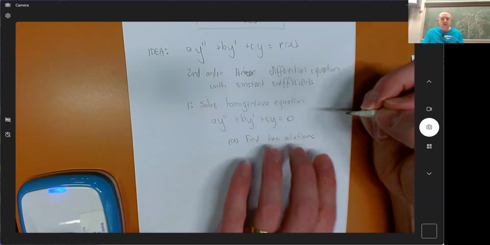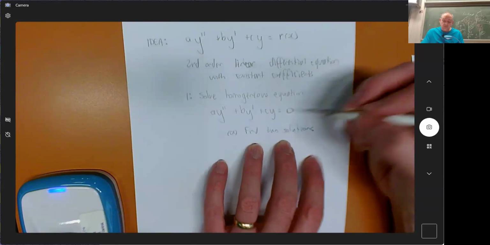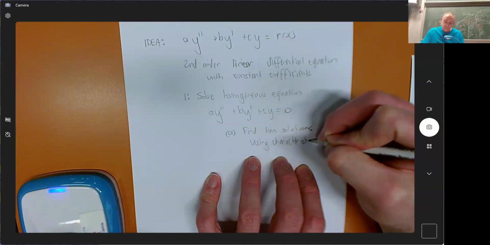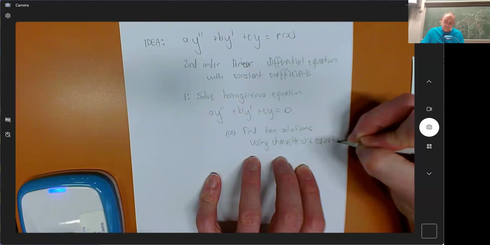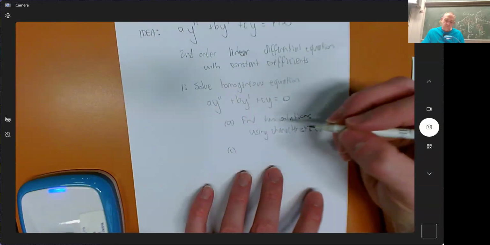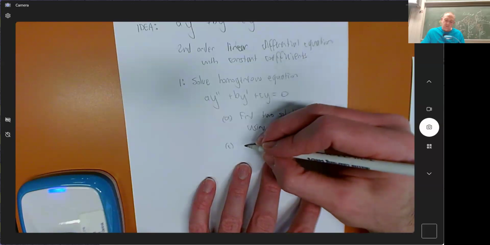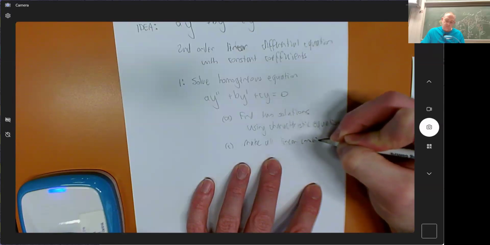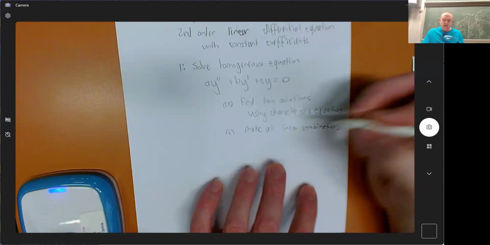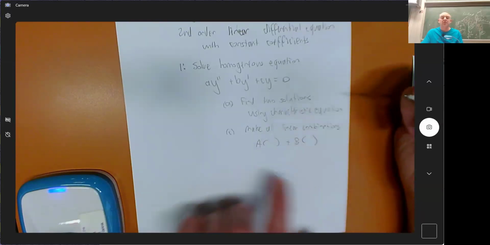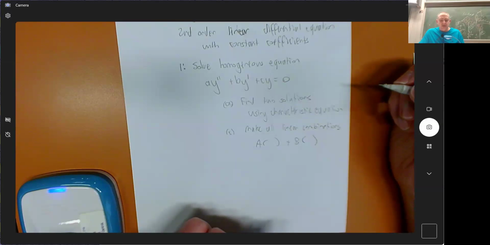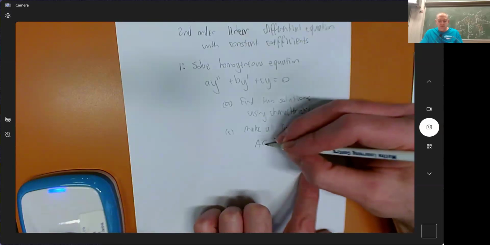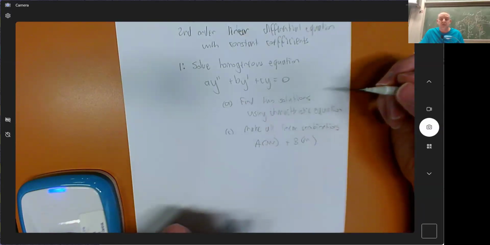Those two solutions are usually found using the characteristic equation. Then make all linear combinations, so it'll be A times something plus B times something. That's how you solve the homogeneous one. Whatever's in those spots, you get them from the characteristic equation.